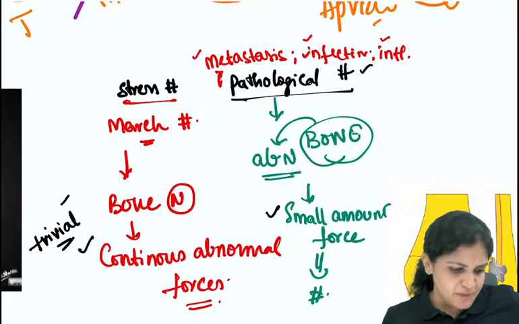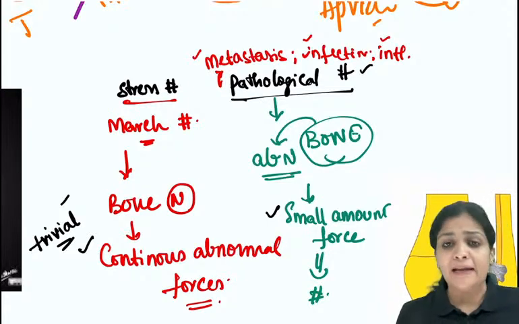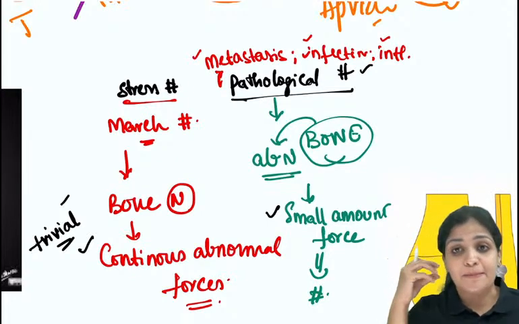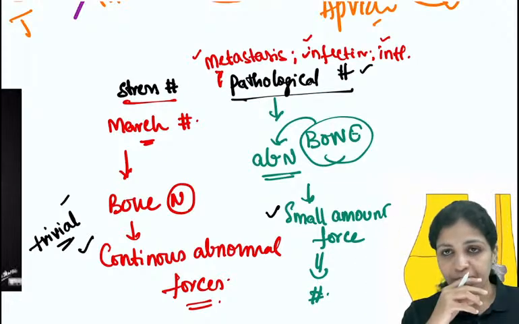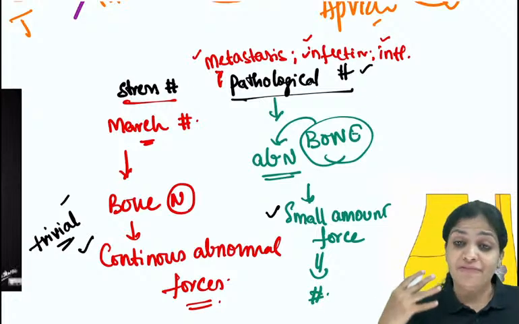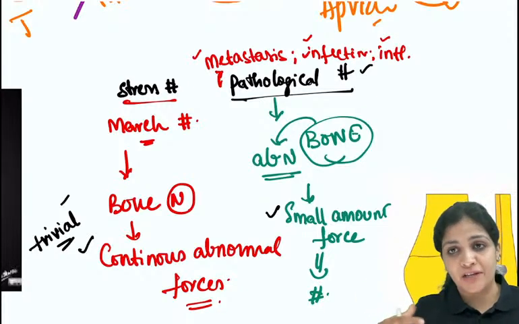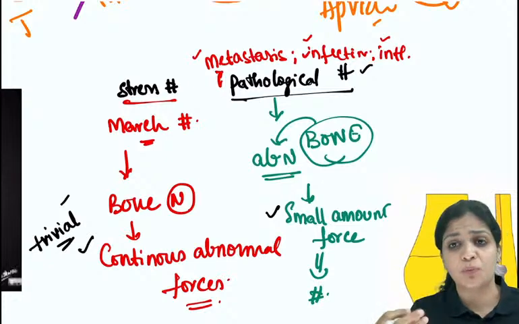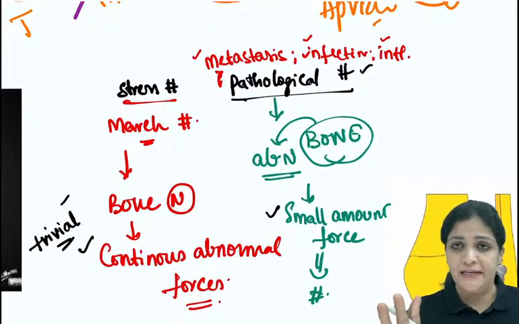In pathological fracture, is tenderness present? Yes, it will be present. It will present like a normal fracture, but the symptoms will not be that grievous. Once the fracture is very evident, with a lot of displacement, especially in the lower limbs, the patient will come with mild pain and tell you he is unable to walk, and tenderness will be present.